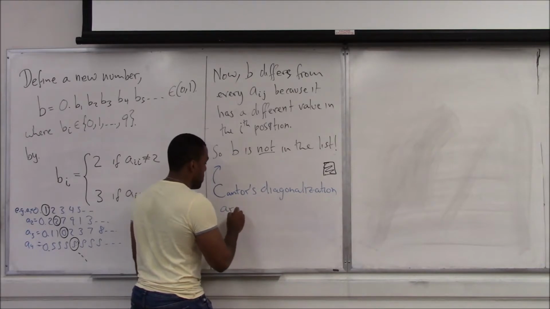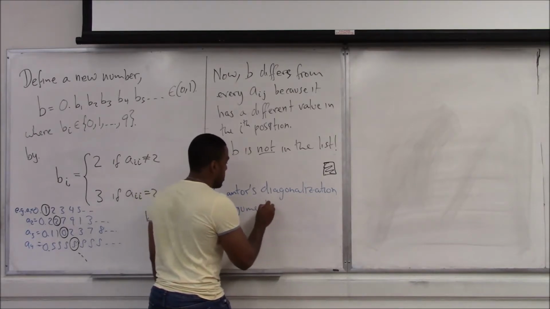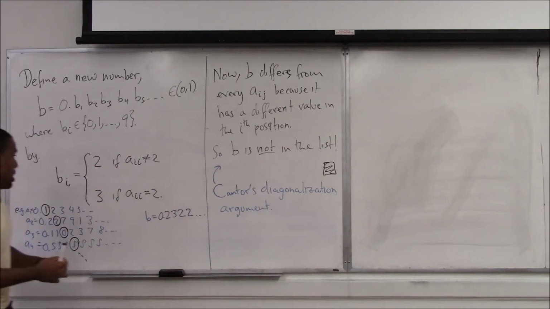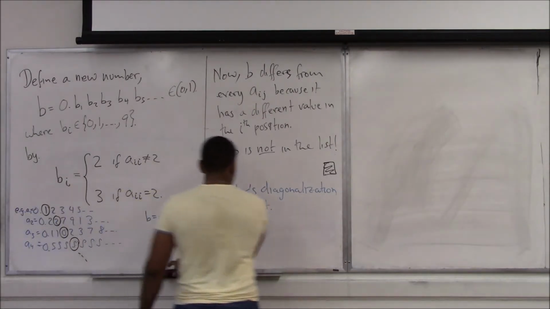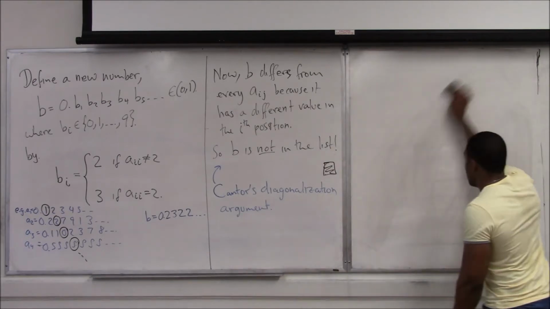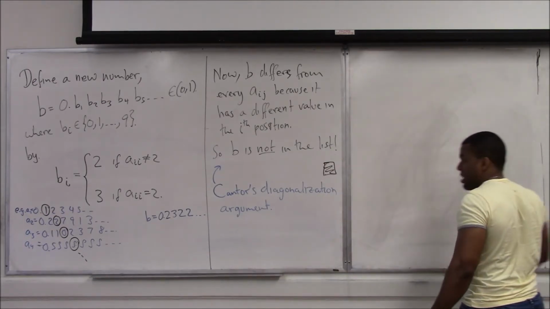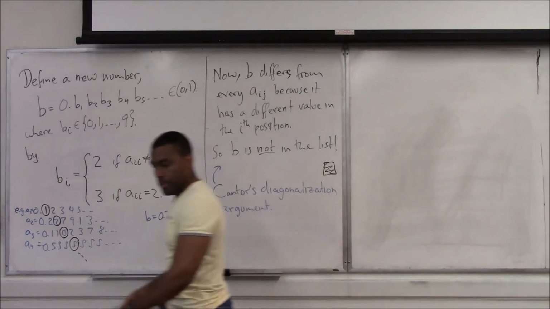If you ever see that mentioned anywhere, it's talking about this. The numbers can change here. The point is you're changing things on the diagonal to be different from what they currently are. Doing that will create a new number not in the list. So you'll never be able to complete this list, not even in theory.